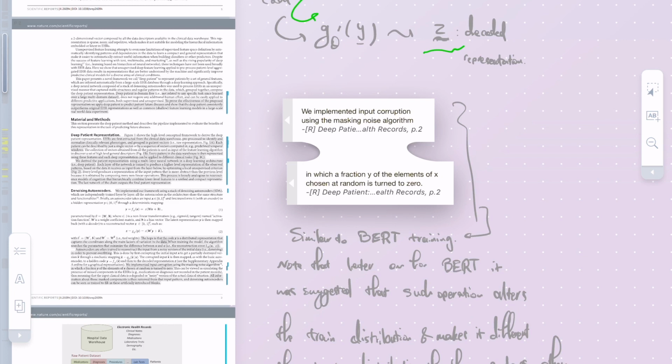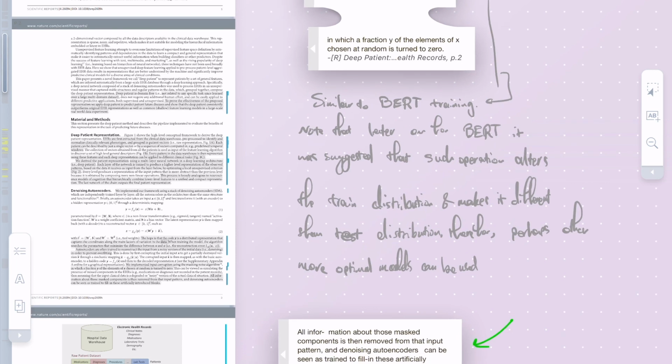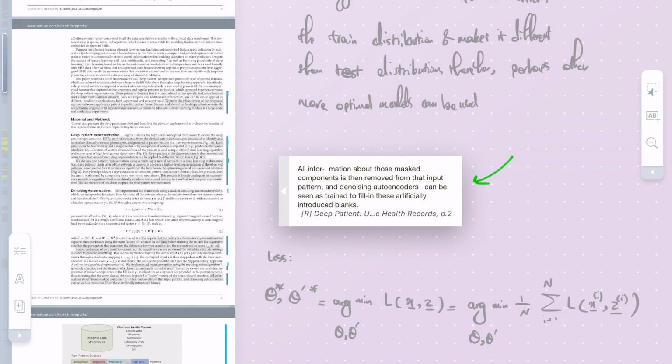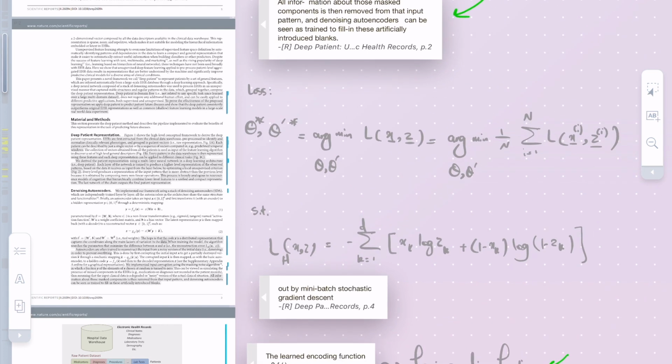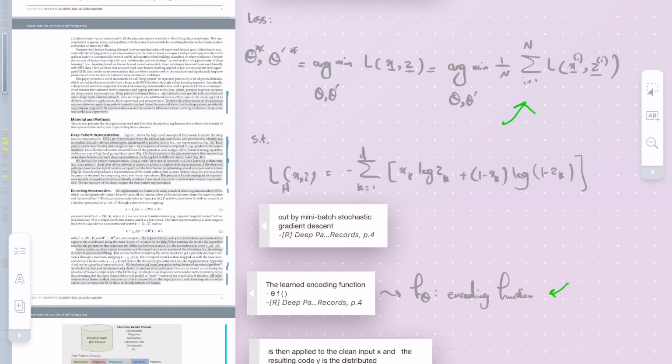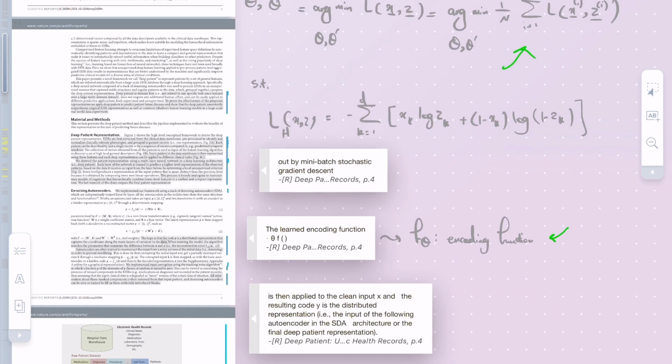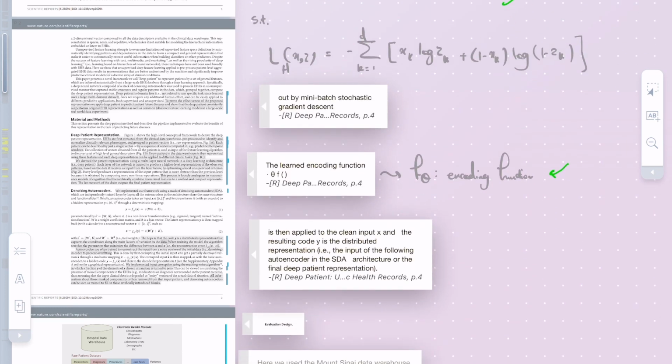It has been shown in many cases that masking causes the train distribution to be different in test, therefore causing the model not to use the full capacity of the data set. The loss function that they have is this, and they train the model using mini-batch stochastic gradient descent.